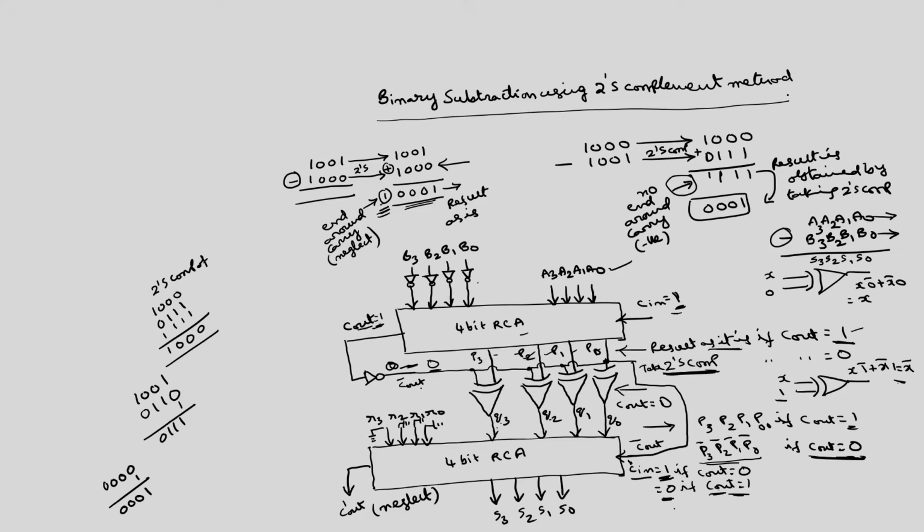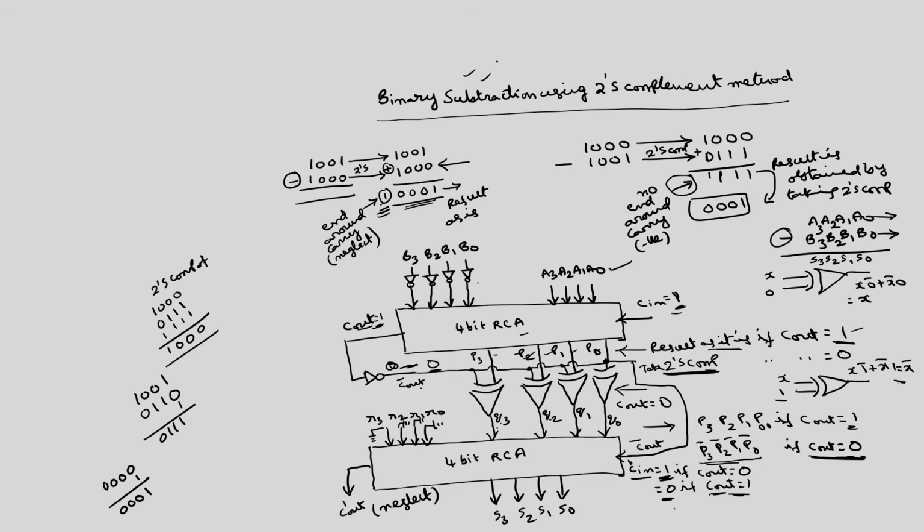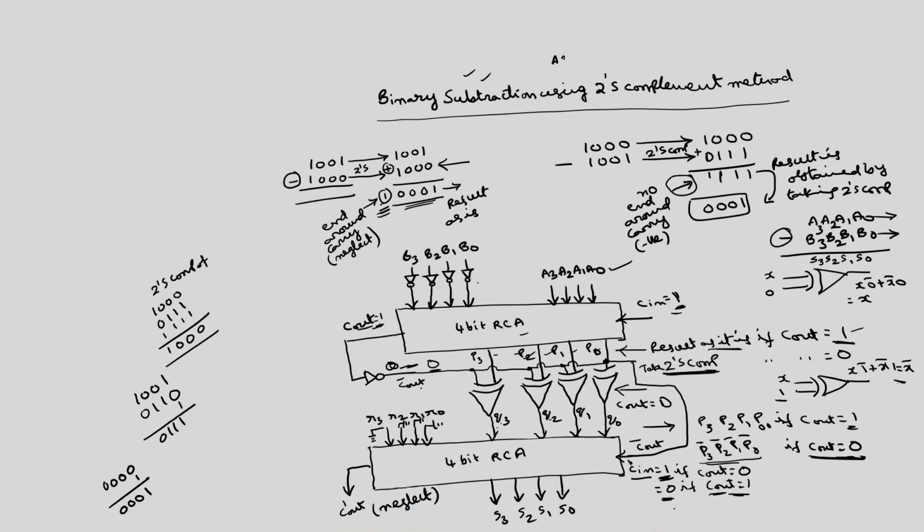I will not write the Verilog code, because in most of these processors we will not have this binary subtraction circuitry separately. Instead, we have only one circuit which is capable of performing both addition as well as subtraction. That circuit we will call an adder-subtractor, because most of the modules are common.